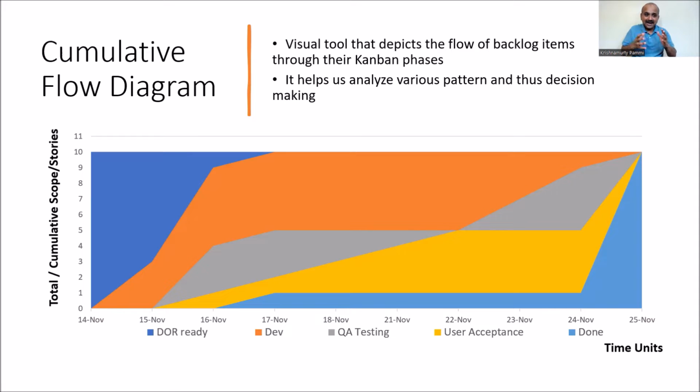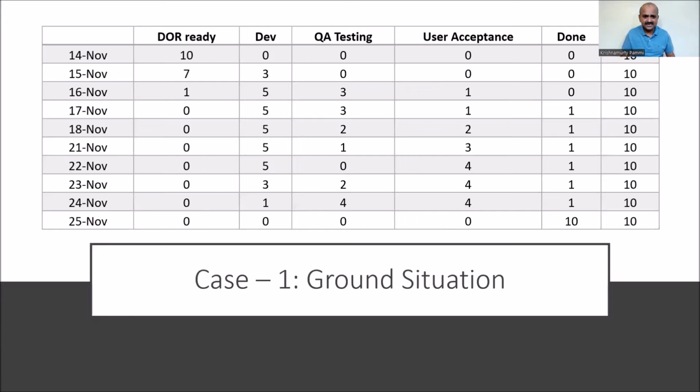And it shows on x-axis time units and y-axis the total or cumulative scope. It can be stories or it can be features. Okay, and it basically helps us analyze various patterns, and thus it helps us in making effective decisions. Let us understand these things in detail.